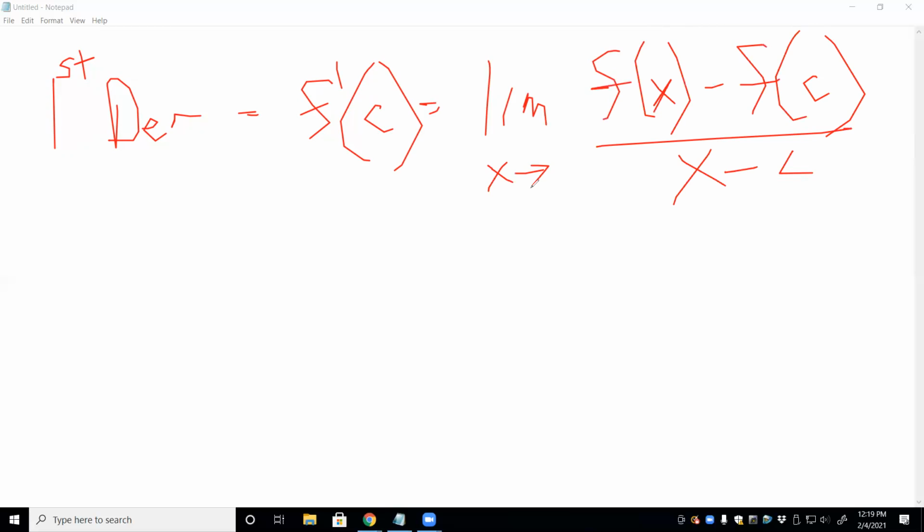Interesting. I've never noticed that before, but my calculus book has that in it. So you could solve this problem about cosine using this definition.